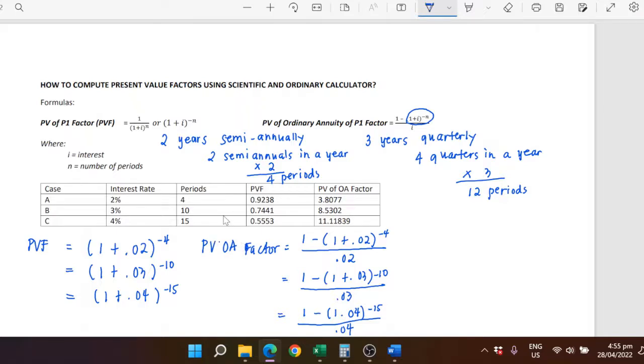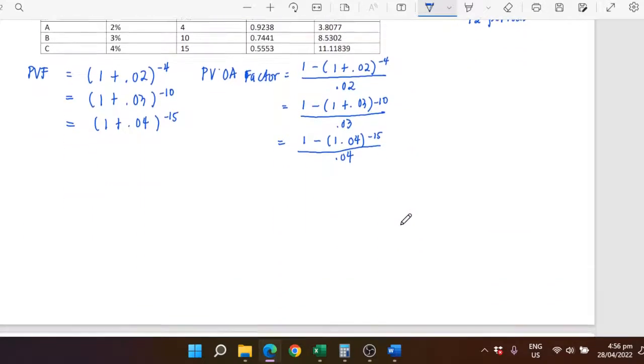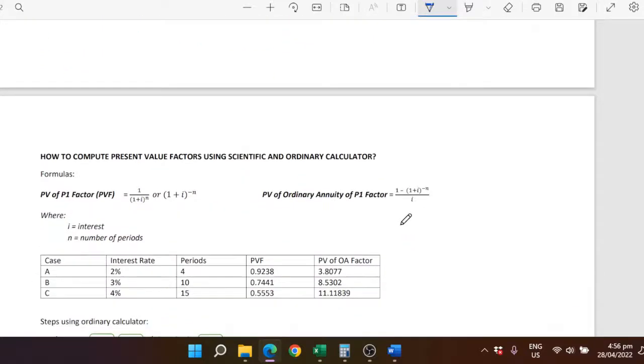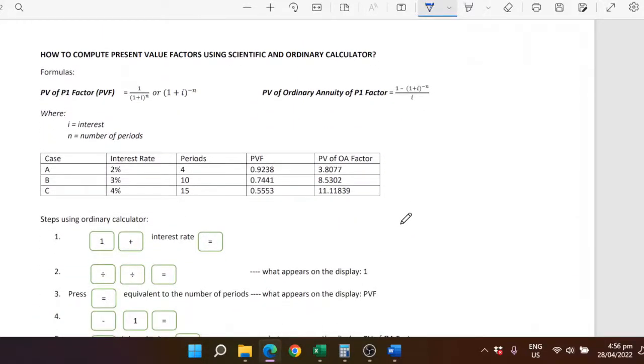All right. Now let's proceed to the calculation of the present value factors when using calculators. We have the scientific and we have the ordinary calculators. So let us first compute using the scientific calculator.